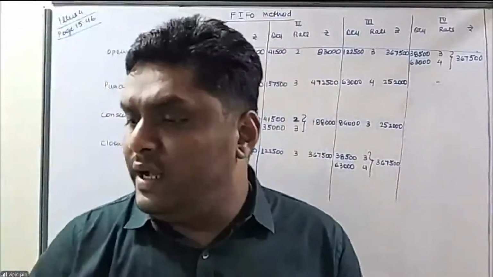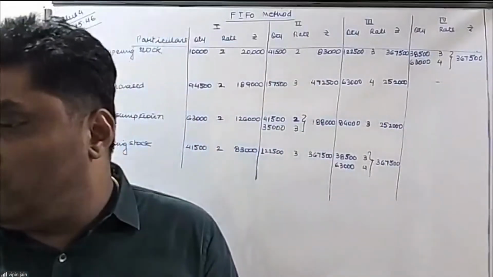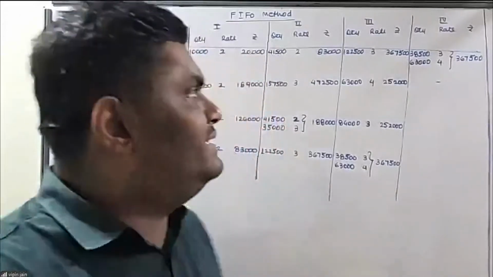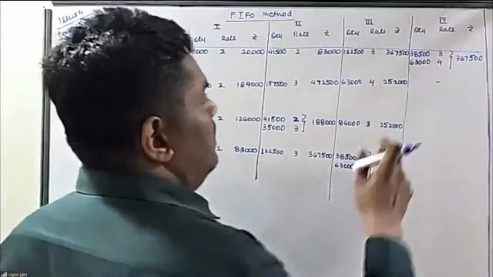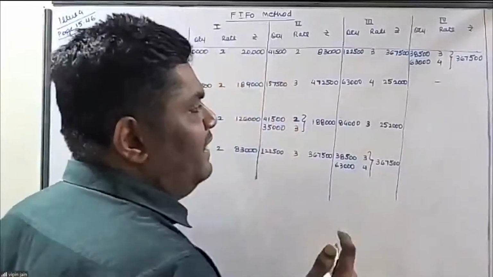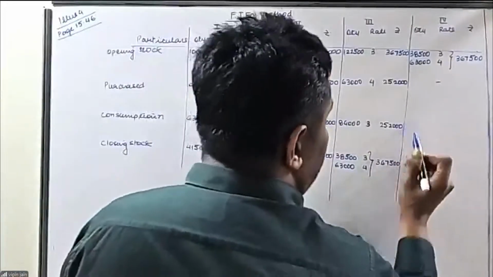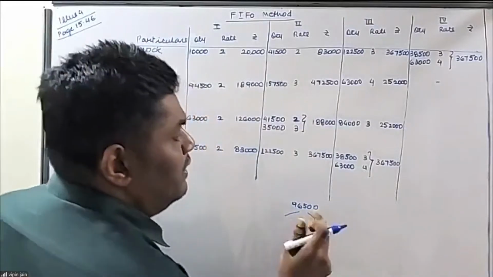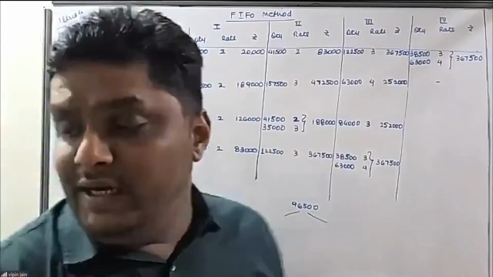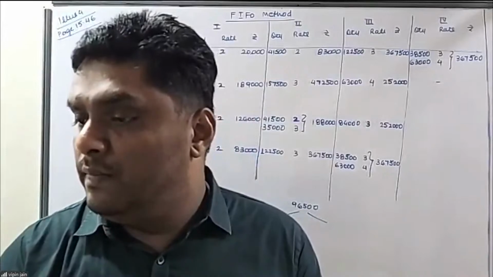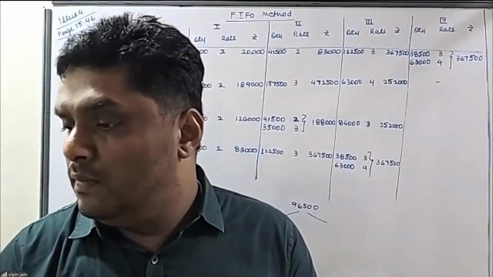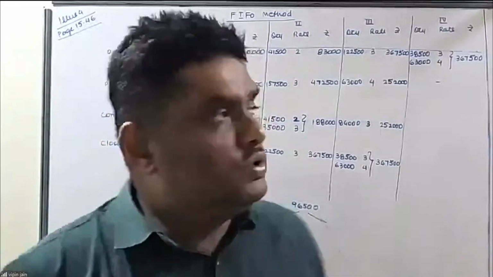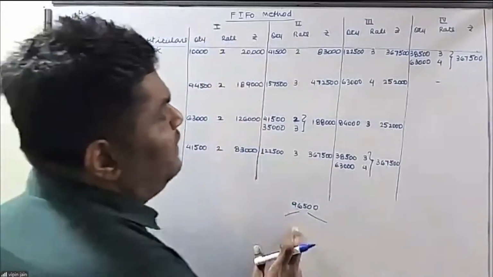When talking about the consumption part, in the fourth quarter we are consuming 96,500 kgs of raw material. So 96,500 is my total requirement.